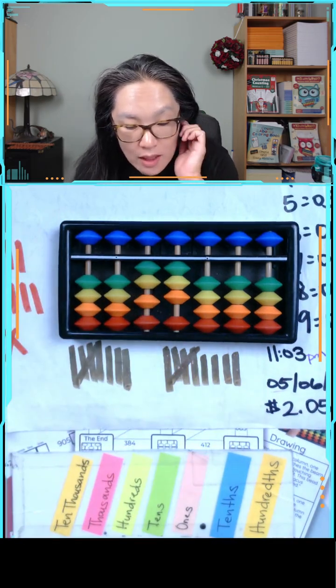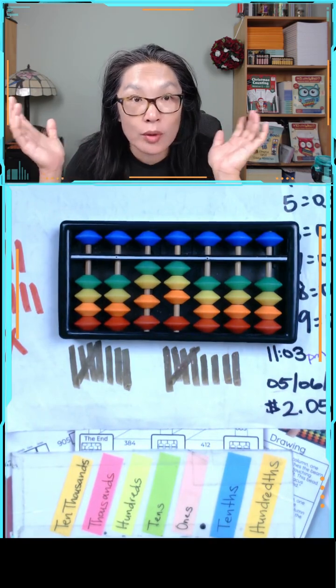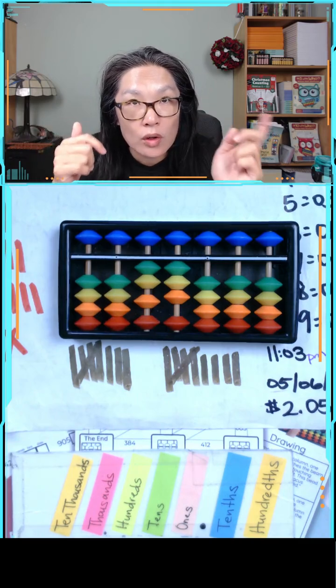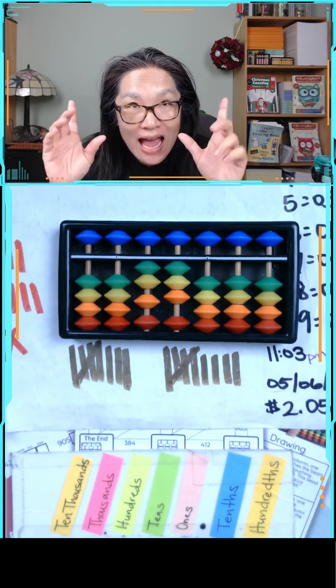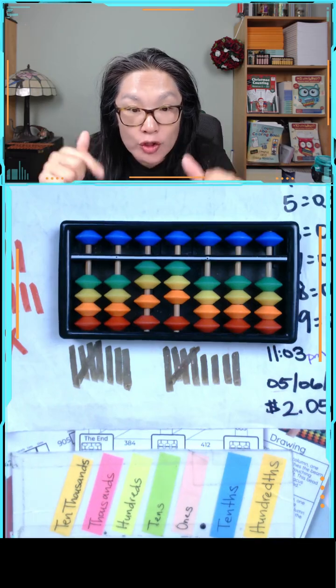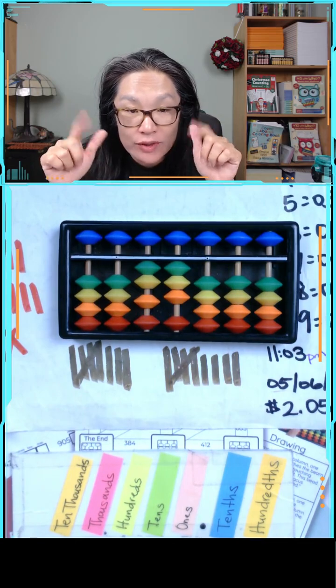There's a person who has broken the world record of adding 100 add-ins in under 30 seconds, and I believe they did it with the abacus method.